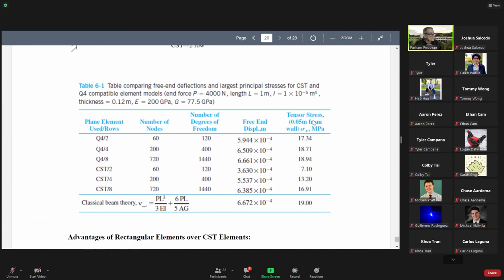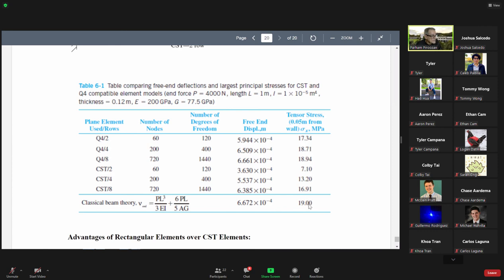Stress, this is at 0.05 meter from the wall, to avoid the stress concentration at the boundary. This is the exact solution, we should get 19 megapascal. For the quadrilateral element, we got 17, even with just 2 rows, versus 19, but then 18 and then 18.9.